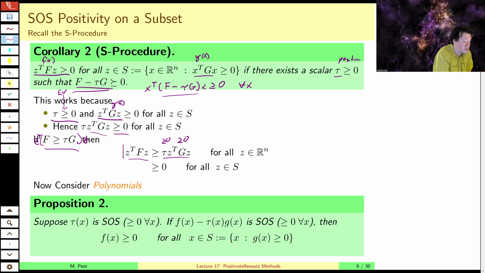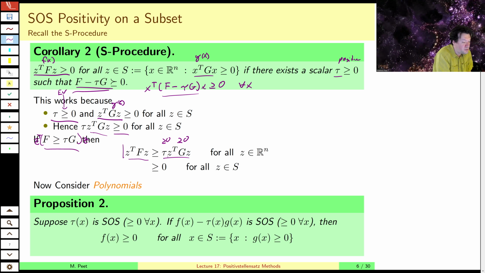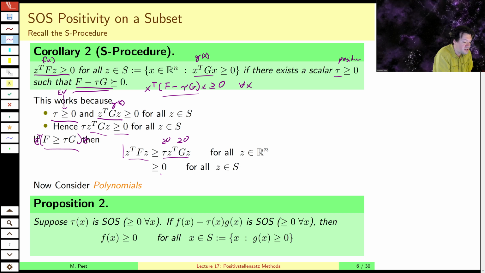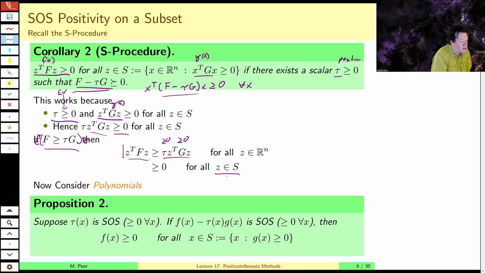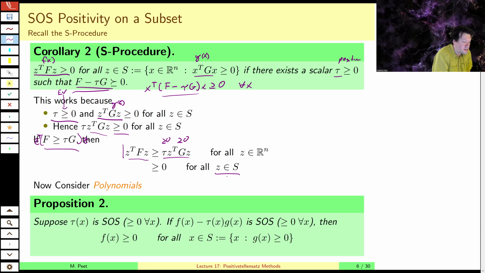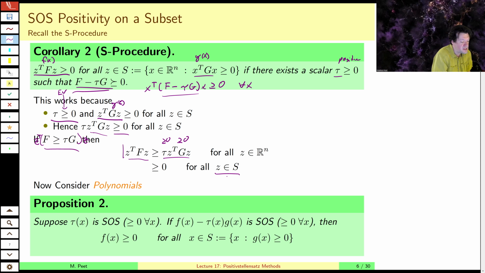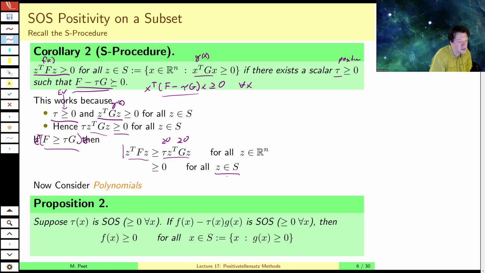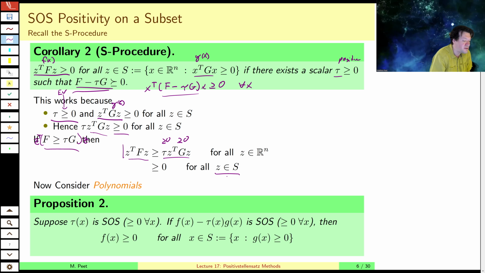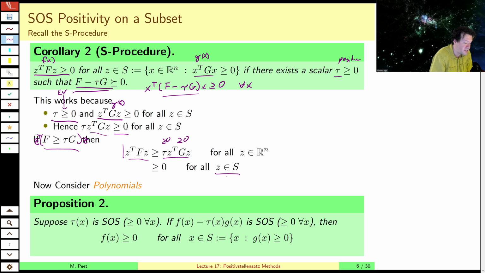This is greater than or equal to 0 on the set, and so the product of this is positive on the set, not everywhere, just on the set. And it turns out that in the case of quadratic forms, this is necessary and sufficient, with some small issues like strict feasibility, but in the vast majority of cases, yes.